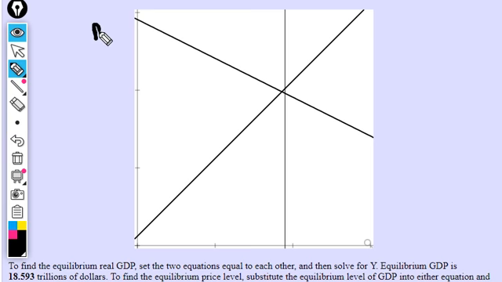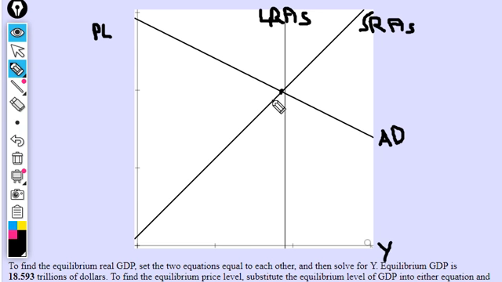Remember, this is the price level, right? This is aggregate demand. This is short run aggregate supply. This is long run aggregate supply. The equilibrium's right there, just to the left of long run aggregate supply.